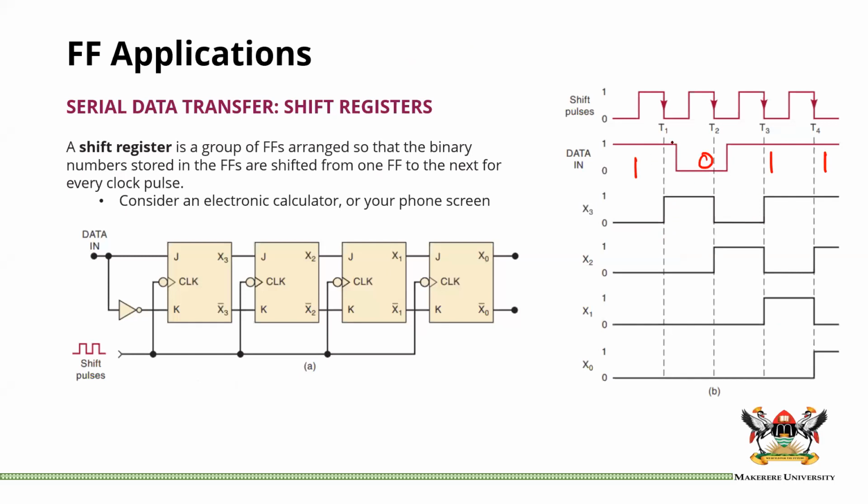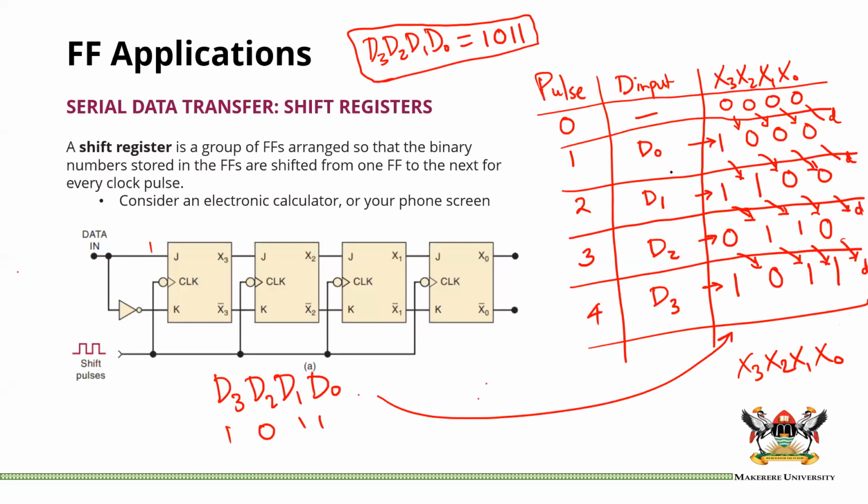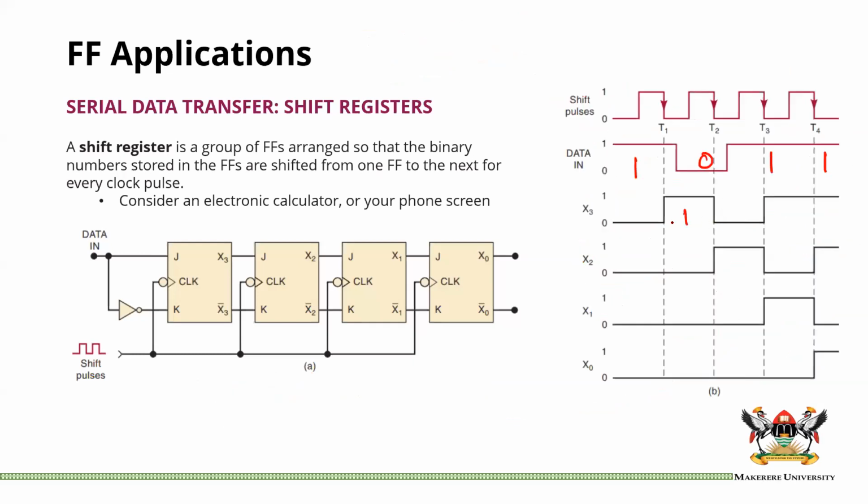And you can see this one prevails, I think, because of the hold time. And so X3 will first of all become a 1. If you follow X3, it becomes a 1, a 1, a 0, a 1. And so that's why I see a 1, a 0, a 1, and a 1.